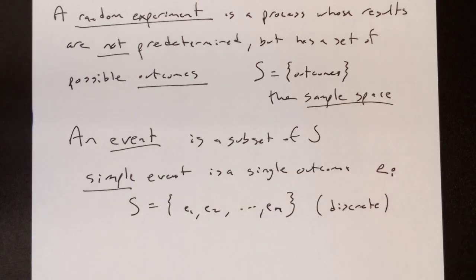On the other hand, if I was measuring the time you spent on hold on a phone call, that would be continuous, right? It would start at 0 and then just go up. You could have been answered right away, or you could be on hold for 37 minutes and change. That would be an interval as opposed to a discrete set like this. For the moment, we're going to focus on discrete spaces.